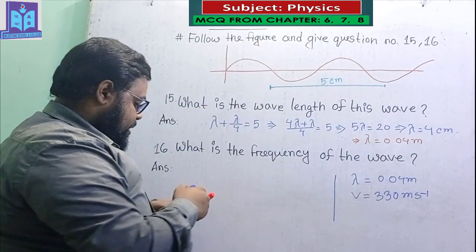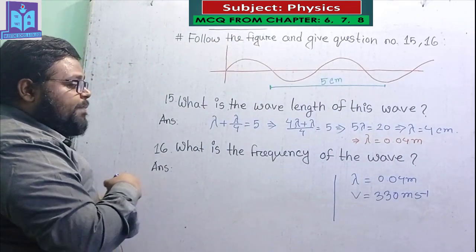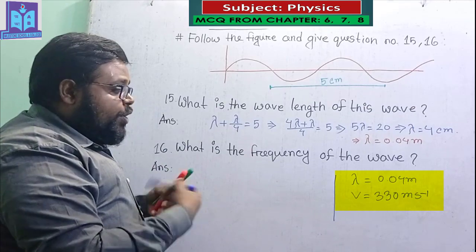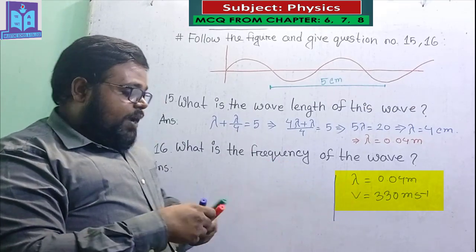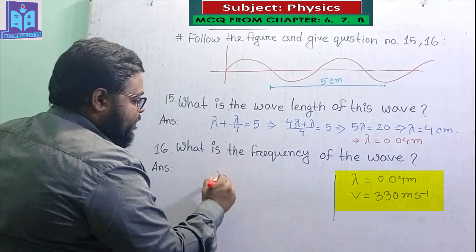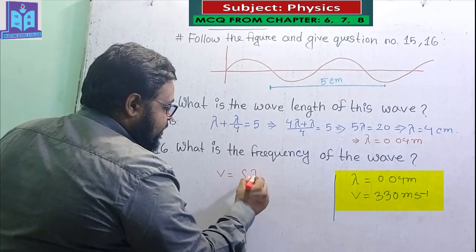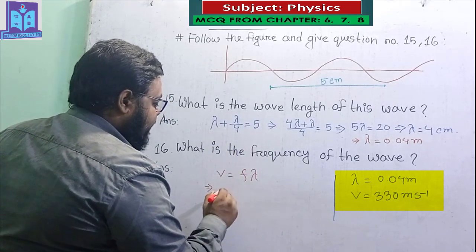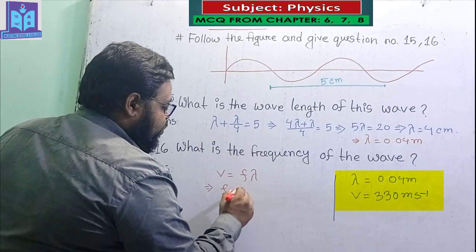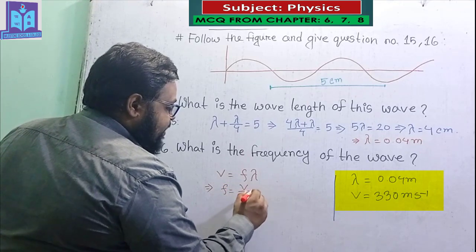Now we have to find the frequency, and we know the relation between frequency, wavelength and velocity is v equals f lambda, or f equals v by lambda.